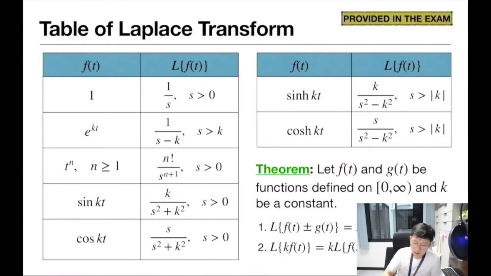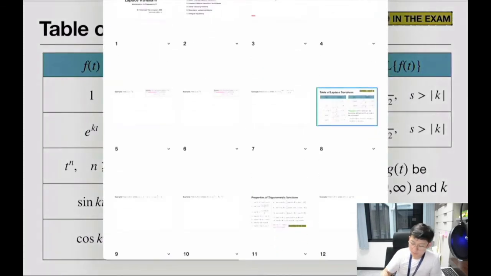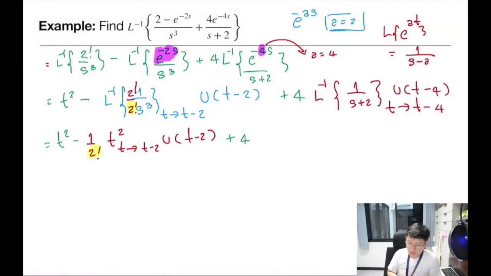The Laplace transform of e to the kt is 1 over s minus k. So if we come back here, I'll just change this to k, it doesn't really matter, it's just a constant, but to use the same notation. So here s plus 2 is actually s minus minus 2.